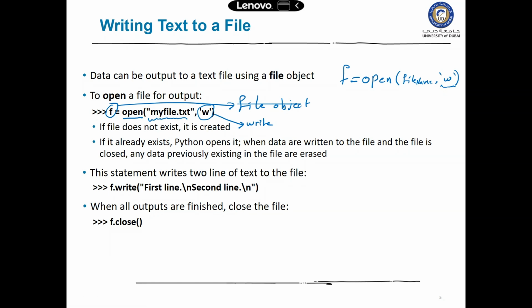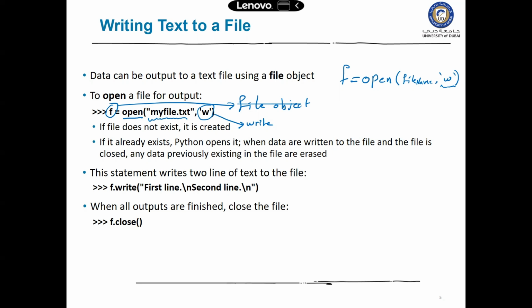Now, if the file does not exist, it will be created. But if the file has some initial content in it, the content will be erased. So if the file already exists and Python opens it, when the data are written to the file and the file is closed, the previous data will be erased.